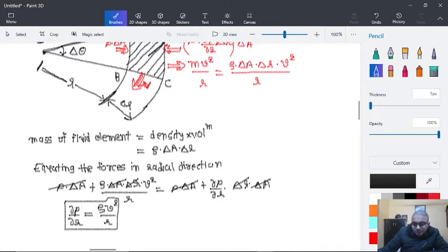If you recall, we have already studied the change in pressure in vertical plane, that is given by del P over del Z is equal to minus rho into g. So this is studied as hydrostatic law in our previous chapter.